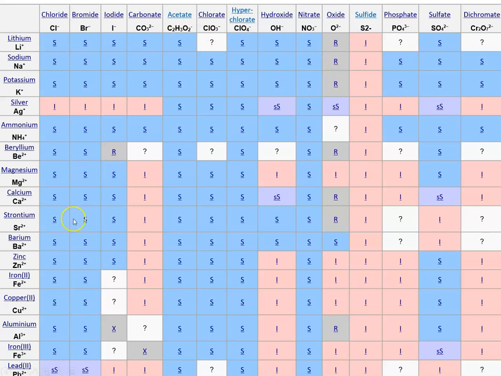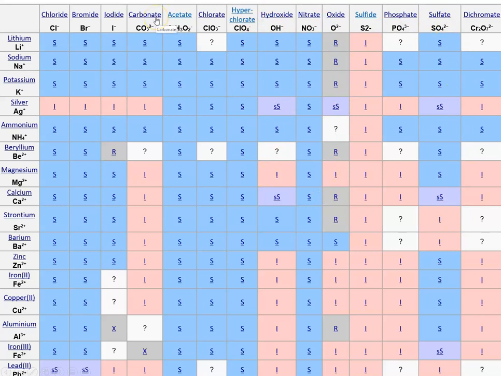So this is a general solubility key, and you'll notice there are certain trends. Silver tends to be insoluble in a lot of different compounds. Carbonate's also insoluble. Sulfide's always insoluble. And you notice most of the time acetates are highly soluble, and chlorates and nitrates, sulfates for the most part.